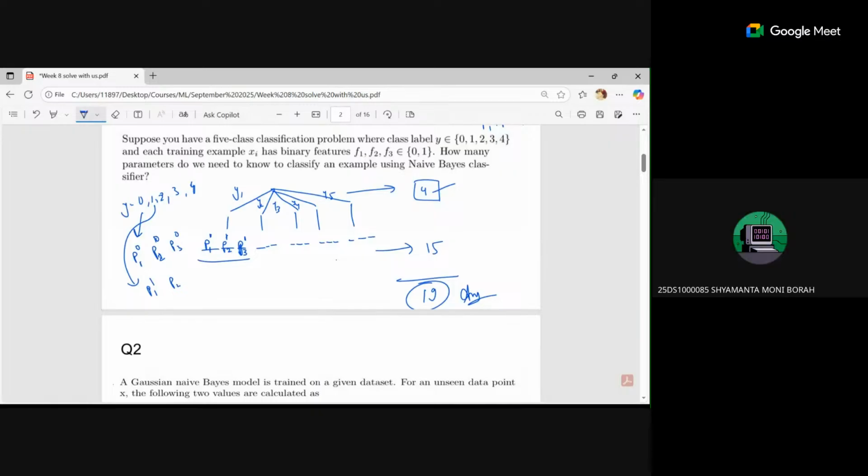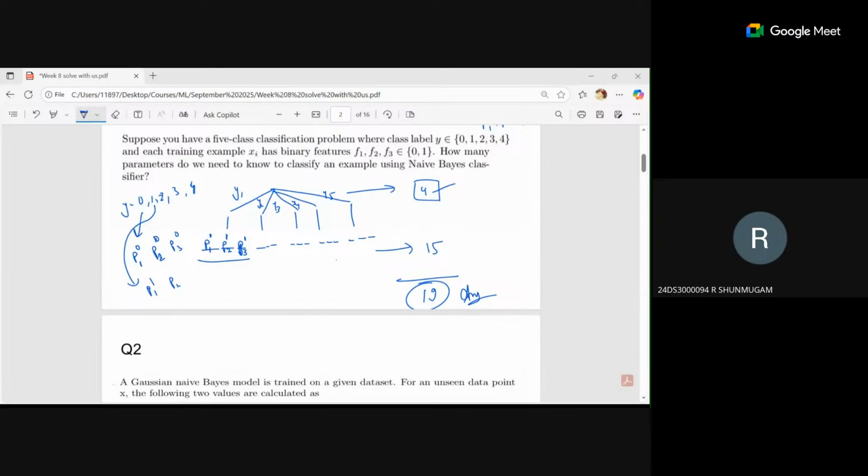Ma'am, since you have written P1 1, P2 1, and P3 1, and since these are binary features, we'll also have P1 0, P2 0, and P3 0 as well.